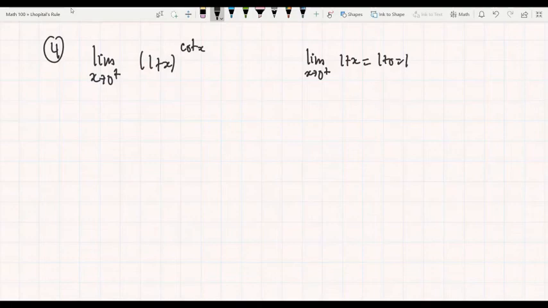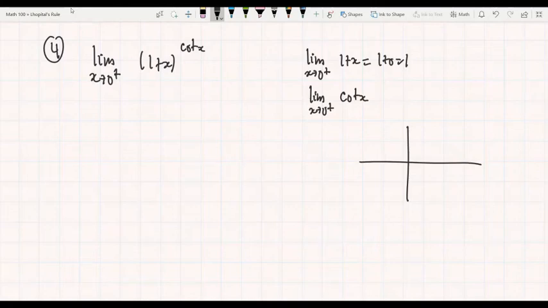And then for the exponent, we have the limit as x goes to 0 plus of cotangent x. To evaluate this limit, let us recall the graph of cotangent x. So that is what it looks like, right?